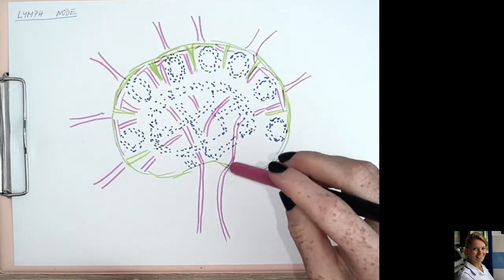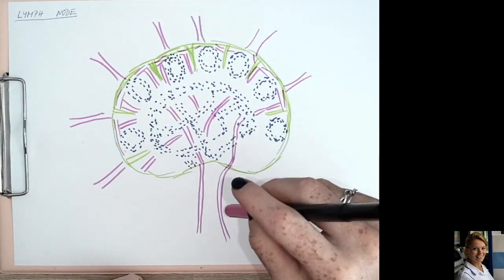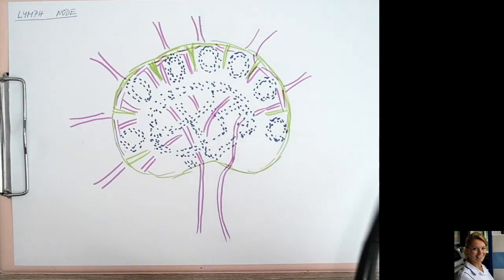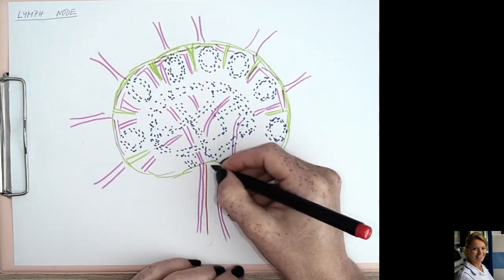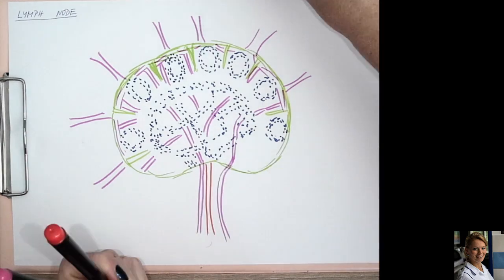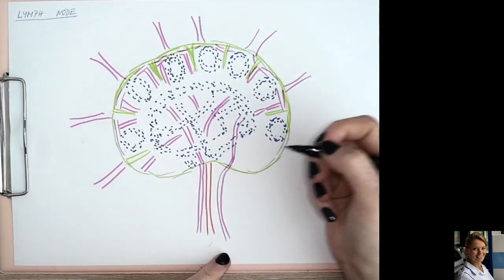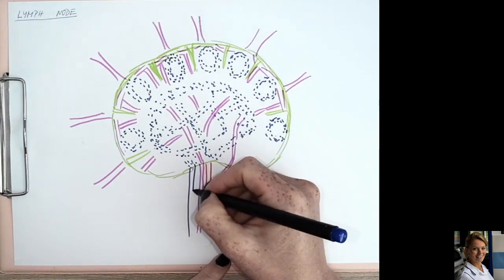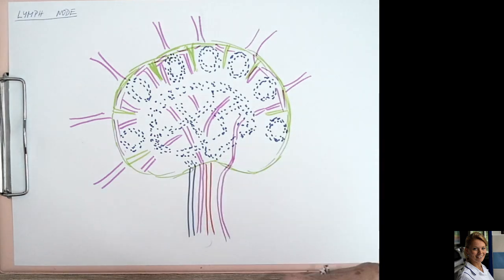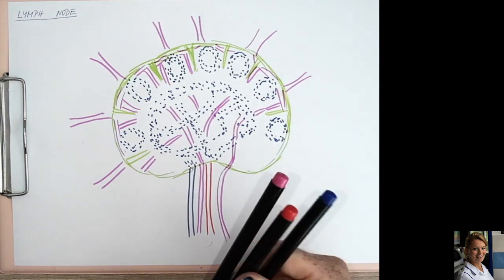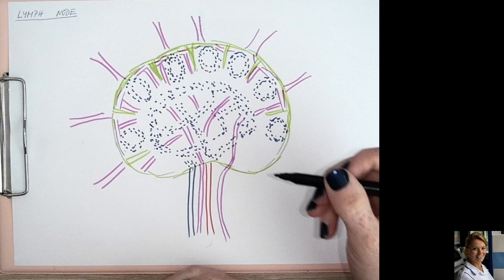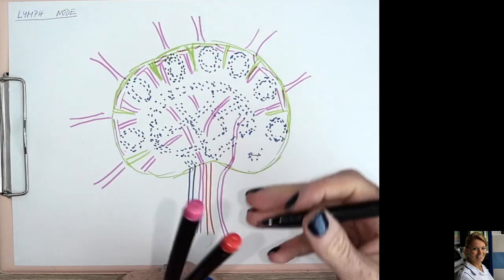And in the region of hilum, there are also blood vessels, artery, and vein. Now we describe the scheme.